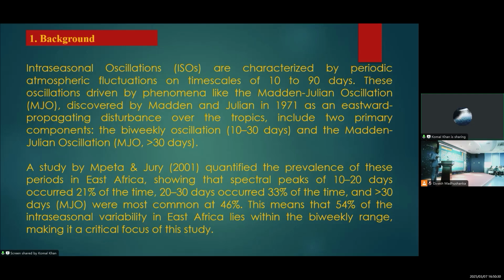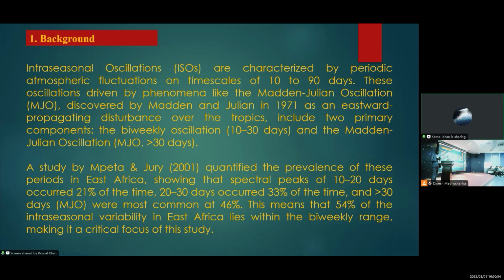But later, researchers published and established other time scales, like from 10 days to 30 days, which they termed biweekly, while 30 days to 60 days remains with the name MJO.